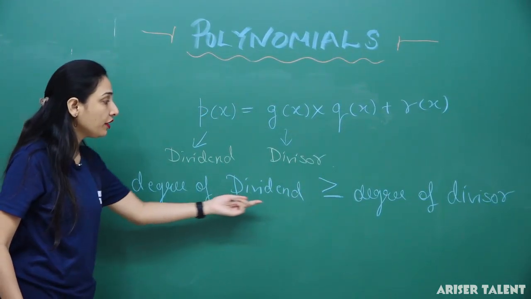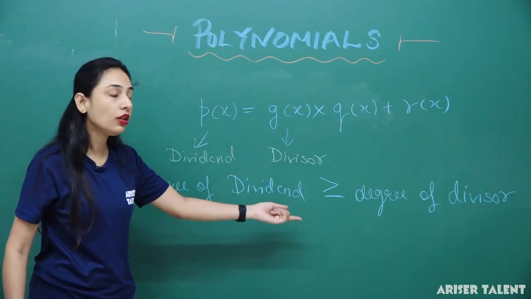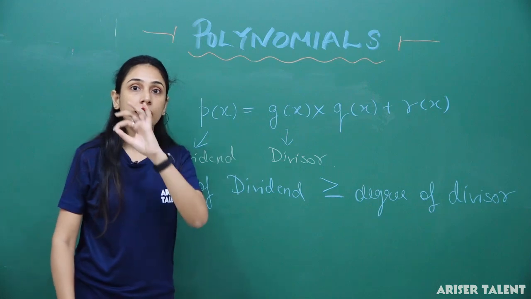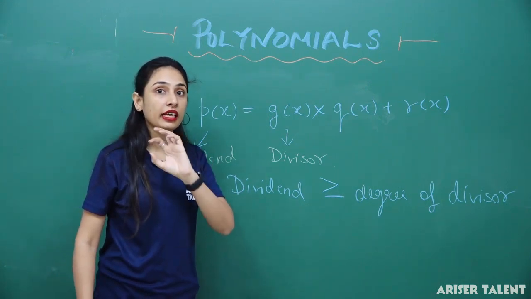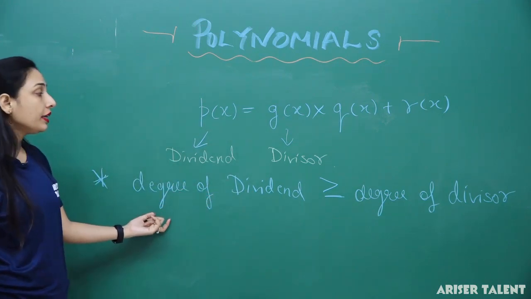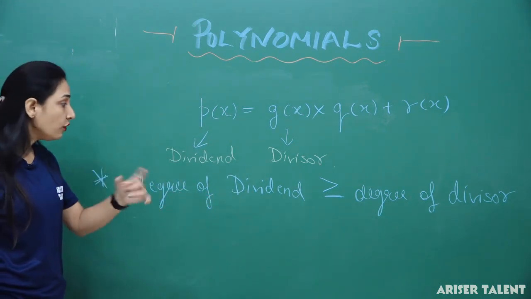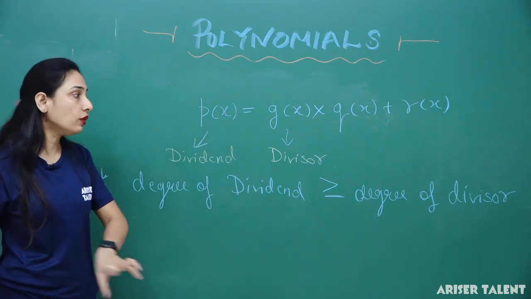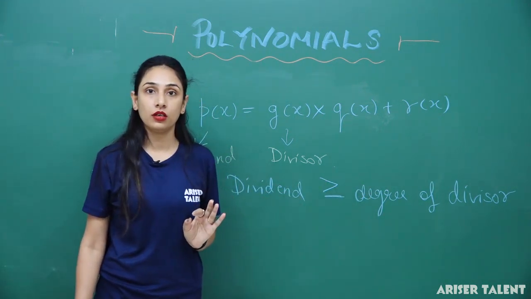The degree of dividend will always be equal to or greater than the degree of divisor. There will be no circumstances in which the degree of divisor will be greater than the degree of dividend. Always either the degree of dividend will be greater or equal to the degree of divisor.